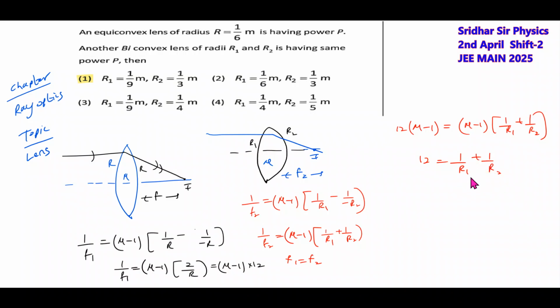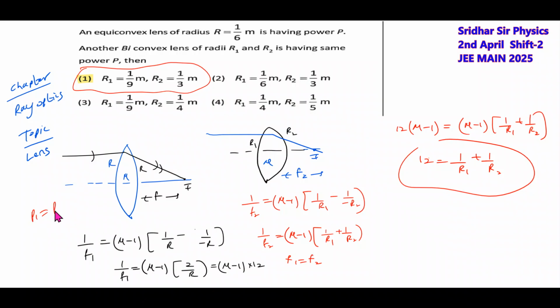So choose some values of r1, r2 which will satisfy these options. It will satisfy this one: 1 by 9 plus 1 by 3, if you choose it, it will satisfy this equation. This is based on the power. Power means the reciprocal of focal length. That's the concept.